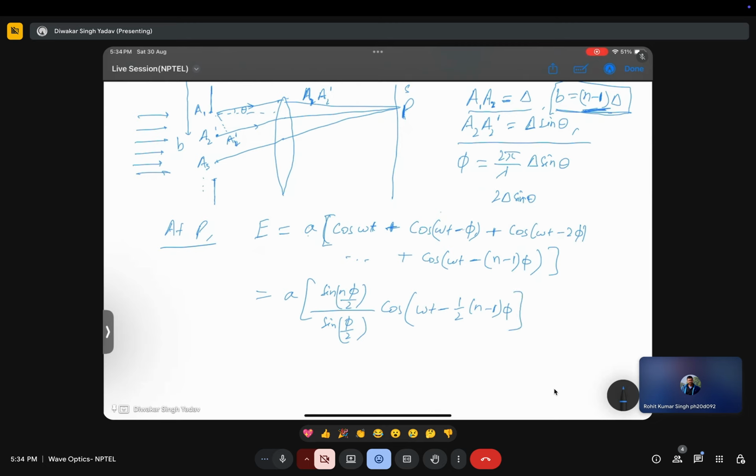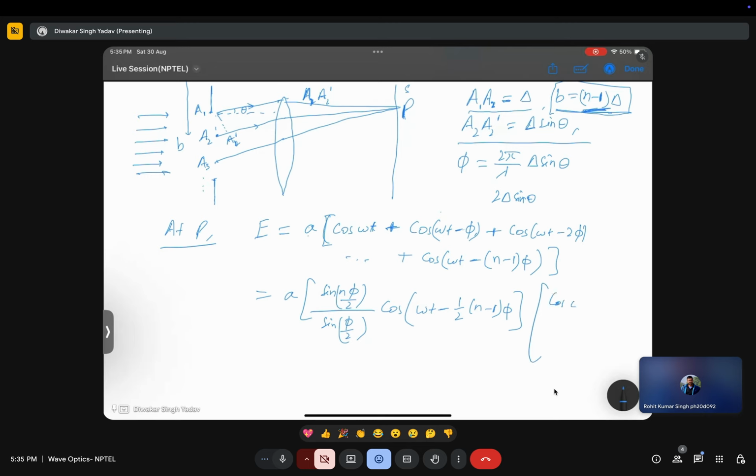You can simply see that this is just cos A plus cos B, then you sum cos C plus cos D and so on. So you know this formula, right?